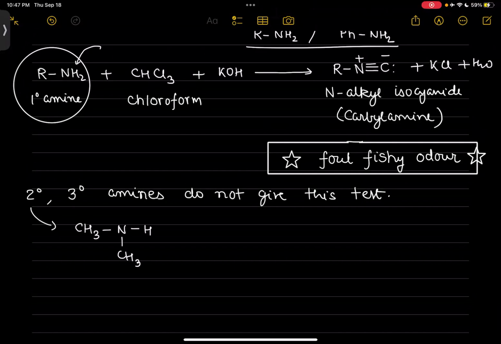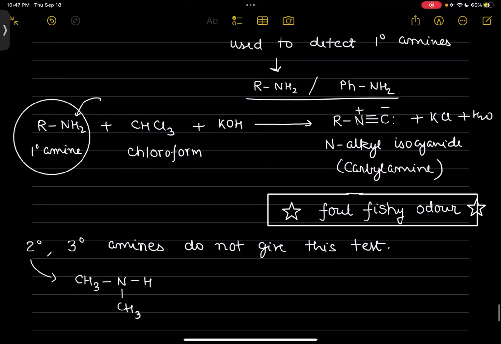Can it form a triple bond with carbon? No. Can it react with chloroform? No. And what about the tertiary amine?